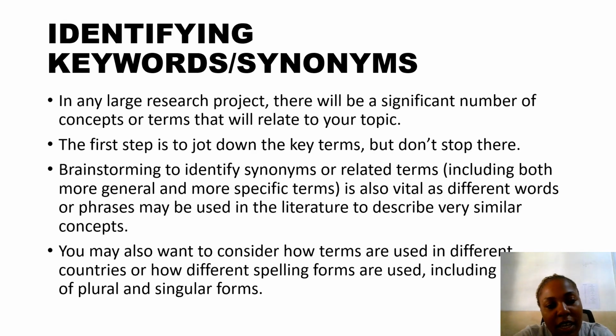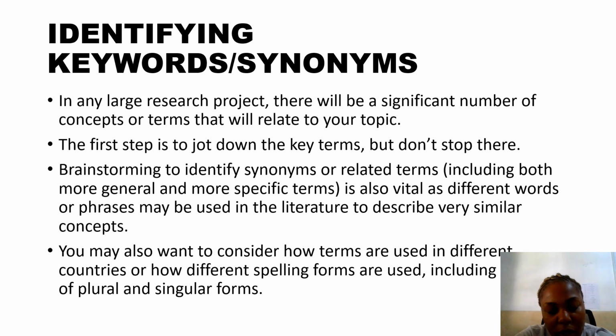For identifying keywords or synonyms, this is just simple. Take it easy here. In any large research project or even a small research project, there will be a significant number of concepts or terms that relate to your topic. First, you jot them down, and don't stop there.